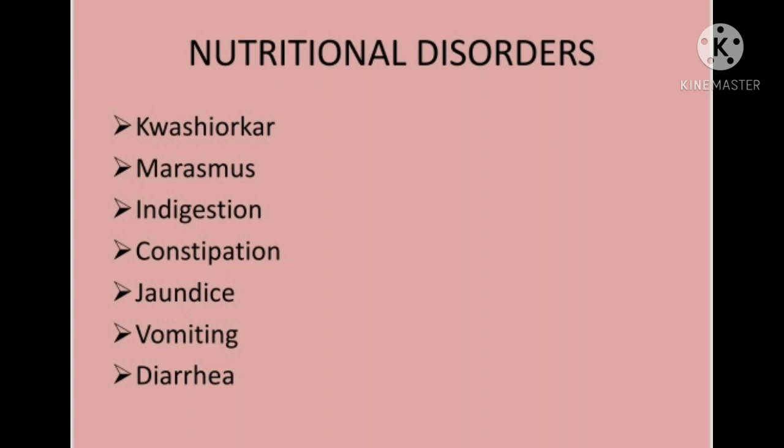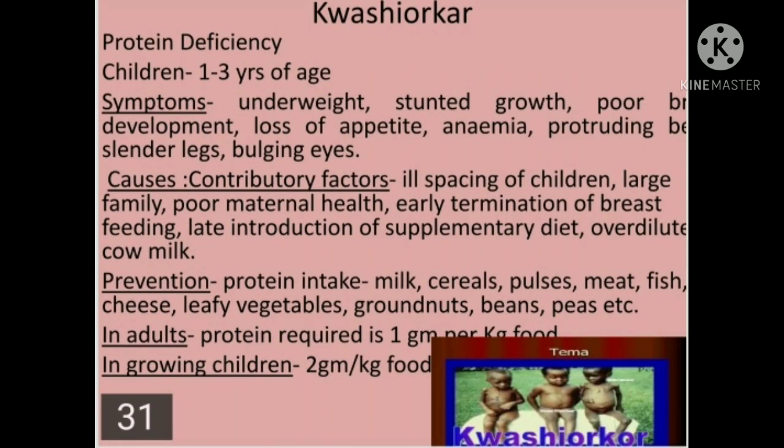Now moving on to our next slide, we will study today all about these nutritional disorders. We will first see the first one, that is kwashiorkor. Starting with our first nutritional disorder, kwashiorkor.